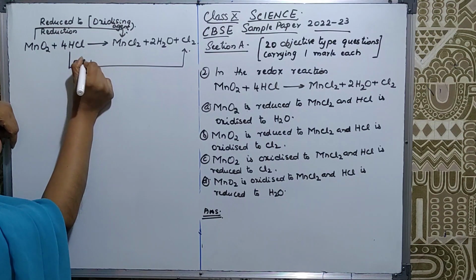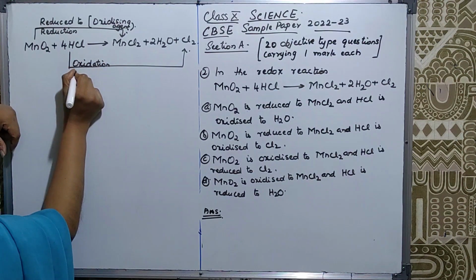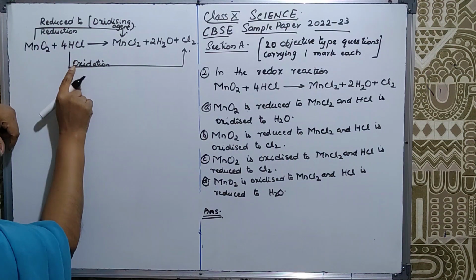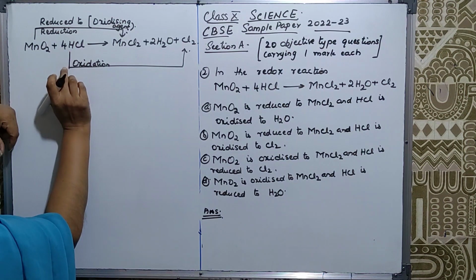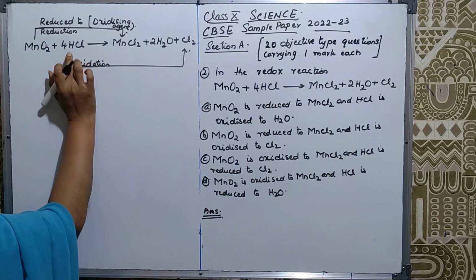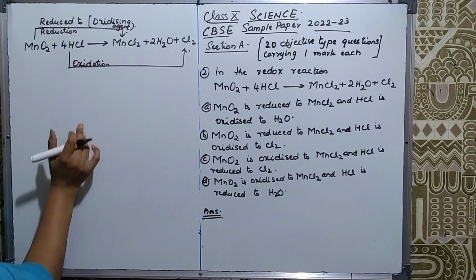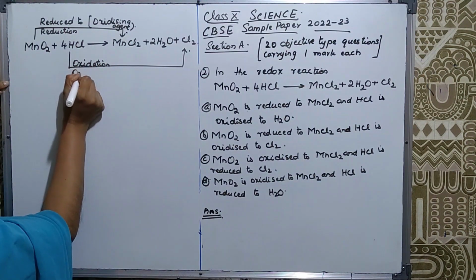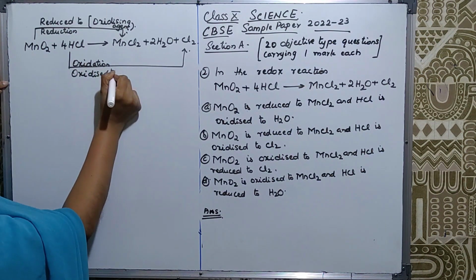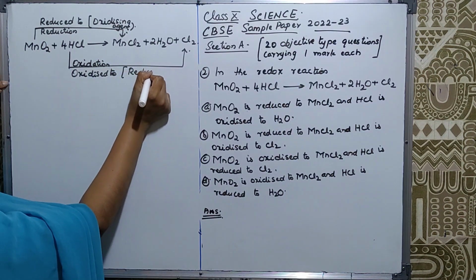So HCl is oxidized to Cl2, and the agent's name is opposite, it will be the reducing agent.